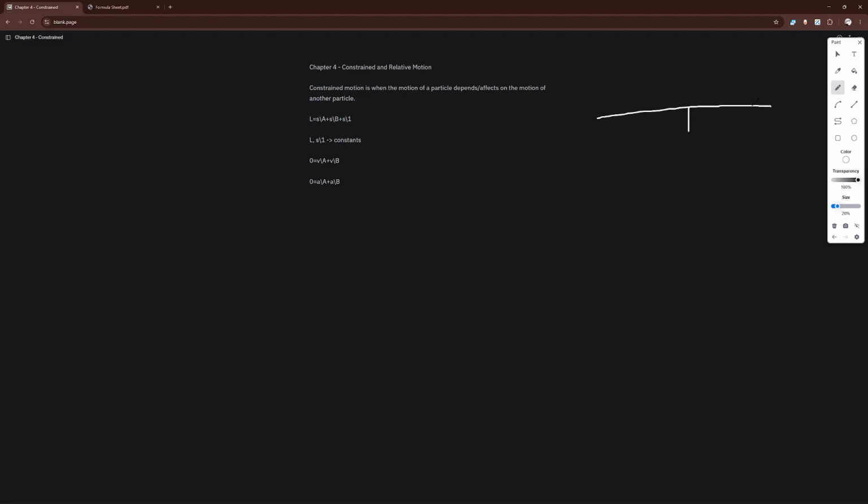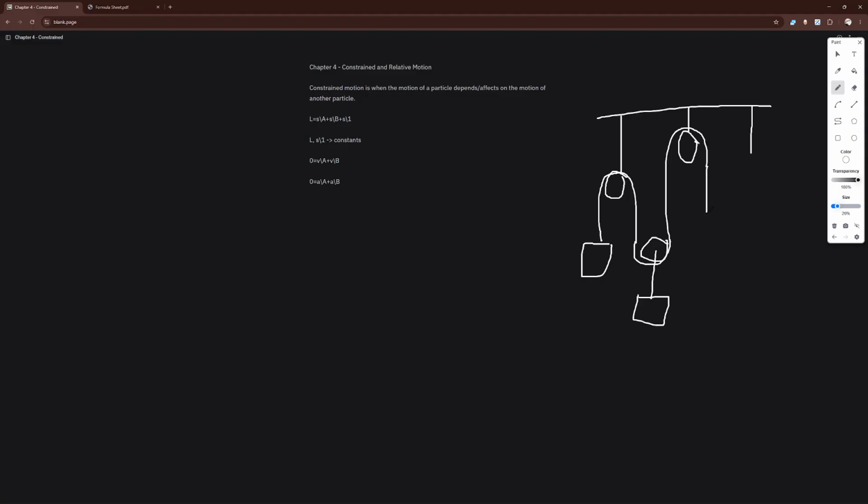Ceiling, 1, 2, 3 ropes. Here's a pulley, like so. And then we have this, and then this wraps around another pulley that's connected to this block. You get the idea. Another pulley here, and then another pulley here, connected to a block, and then connected to the roof.